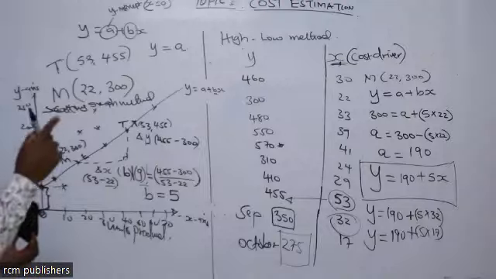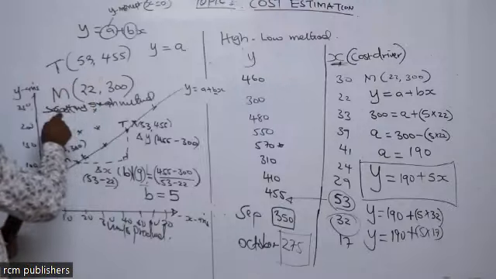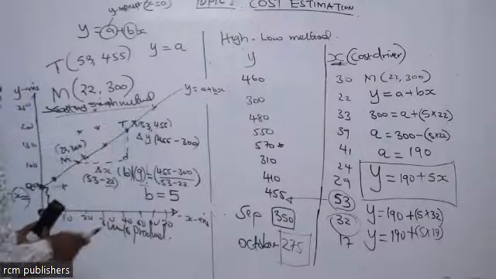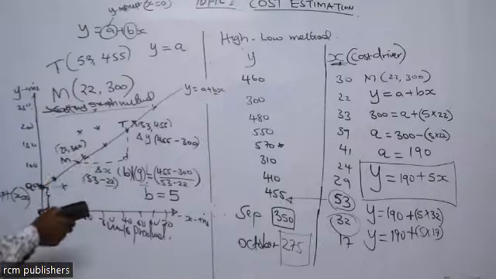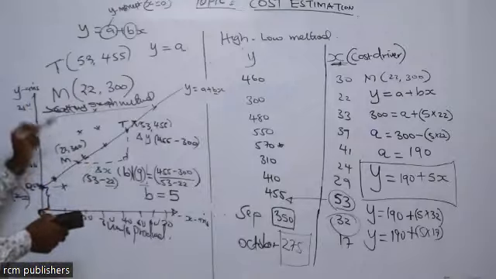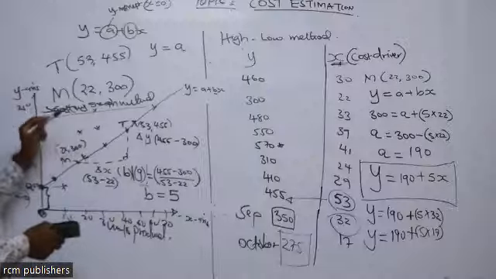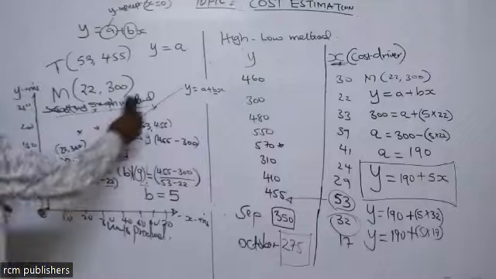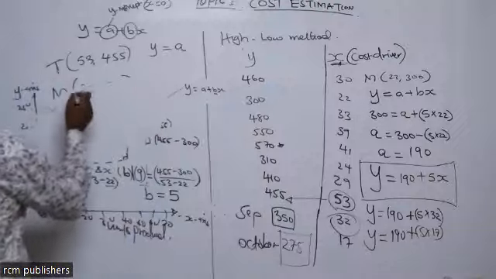So we are tackling two things here, the high-low method and the scattered graph method, at the same time. Why are we doing that? Because the high-low method also applies the same concept of the gradient and the slope. So let's forget about the scattered graph, but I maintain this.